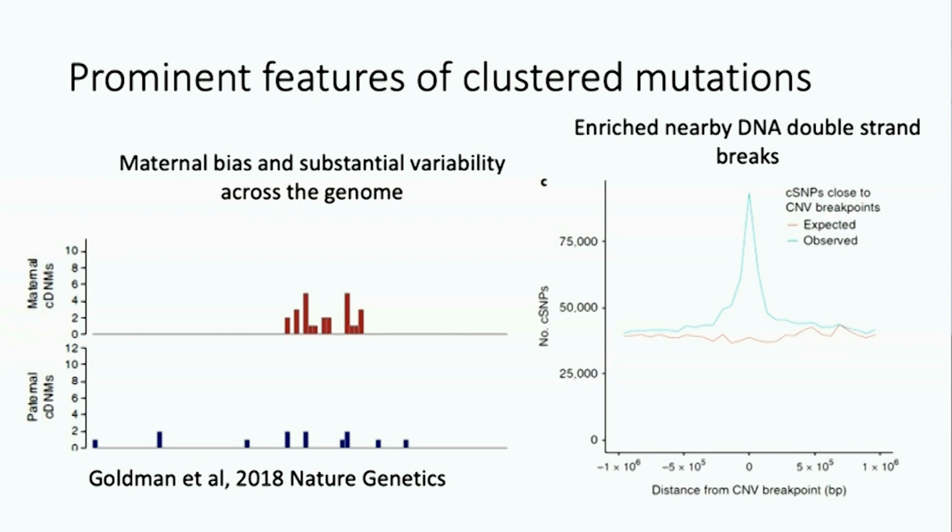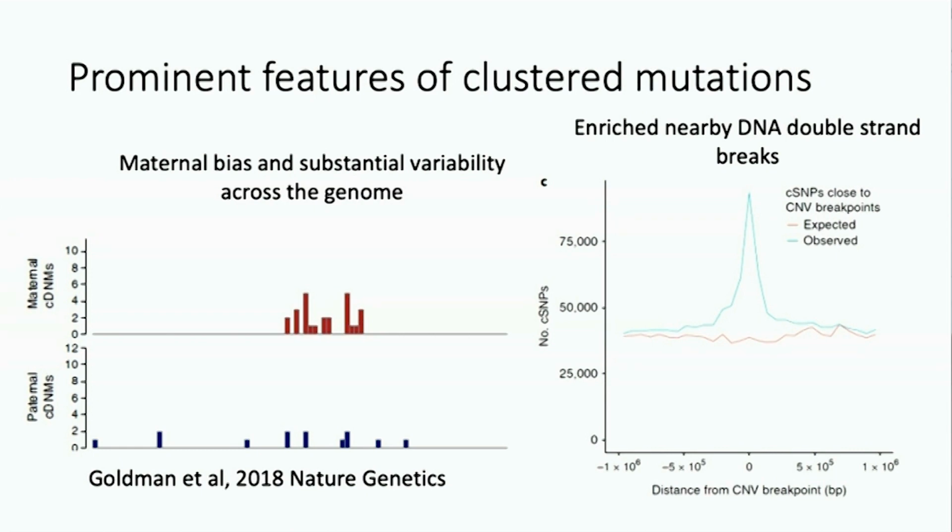Also, recently there was a paper, actually I participated in this one, where we discovered that if you look at clustered mutation rate, it's extremely heterogeneous. This is data about de novo mutation rate, so mutations that occur in a kid compared to the parents. And these are clusters coming from the oocyte, from mom. These are clusters coming from the father.